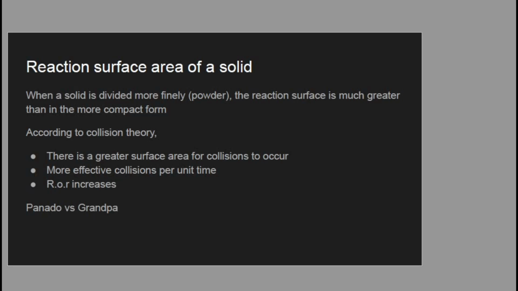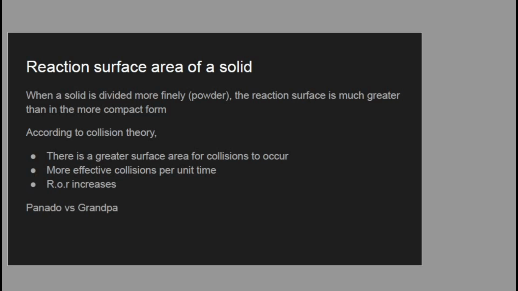If we take the example of Panado versus Grandpa, we all know Grandpa headache powder is powder, right? You don't get tablets, you get it in powder form. That's why a handful of people say that Grandpa works better than Panado, because Panado is still in a tablet form. We're ignoring Panado syrup for now. We're talking just Panado tablets versus Grandpa powder.